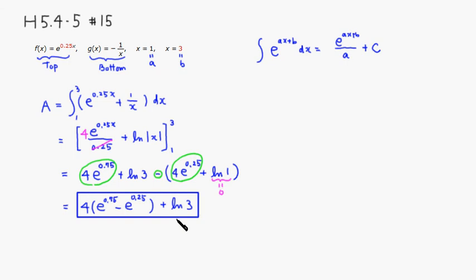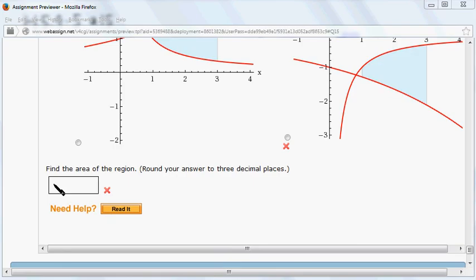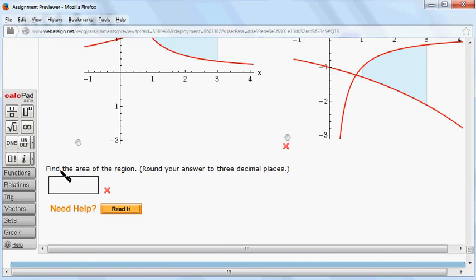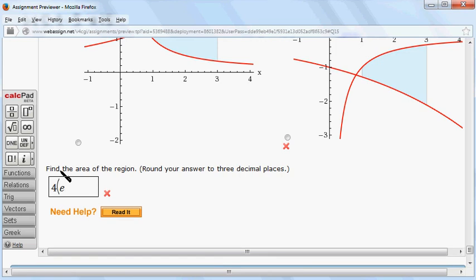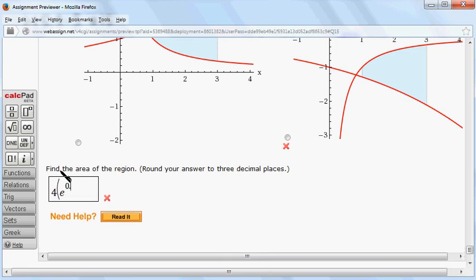So let's type it in to make sure. The answer we got was 4, parenthesis, e to the 0.75, right arrow, minus e to the 0.25, right arrow, parenthesis, and a plus natural log of 3.